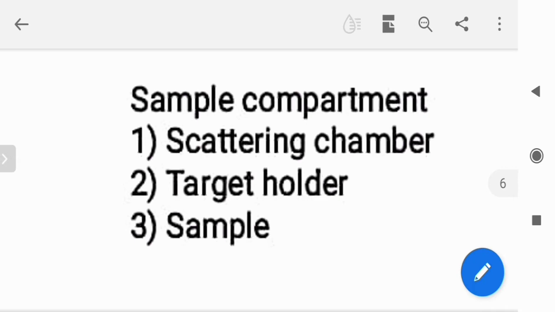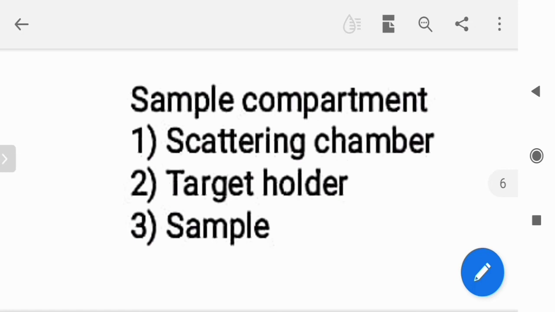So this technique is useful in various fields. The requirement for the sample is that it should be uniform, because the depth of this technique is around a few micrometers. If the composition of the sample changes, then the result obtained for this particular area will not replicate the result of the whole sample.